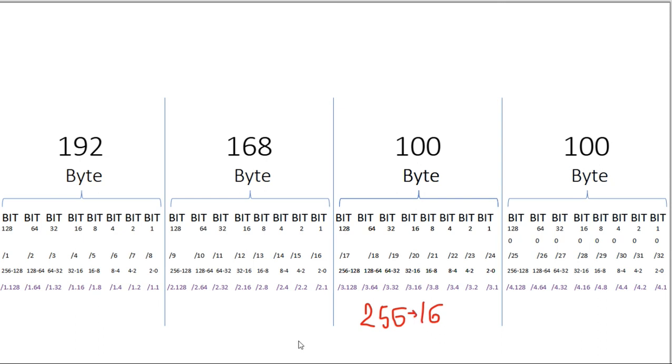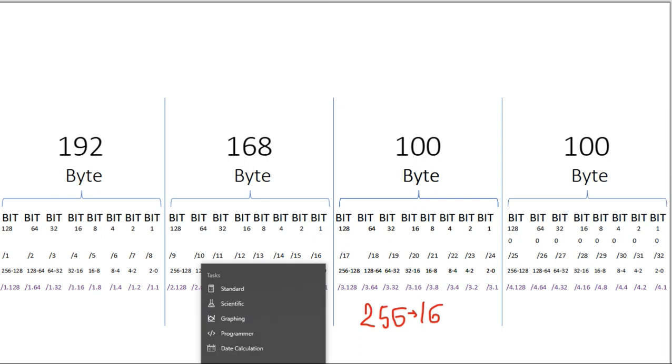All right? Okay. So you can easily guess how many networks there are. Well, 128 are 2, 64 are 4, 32 are 8 networks, and 16 are 16.